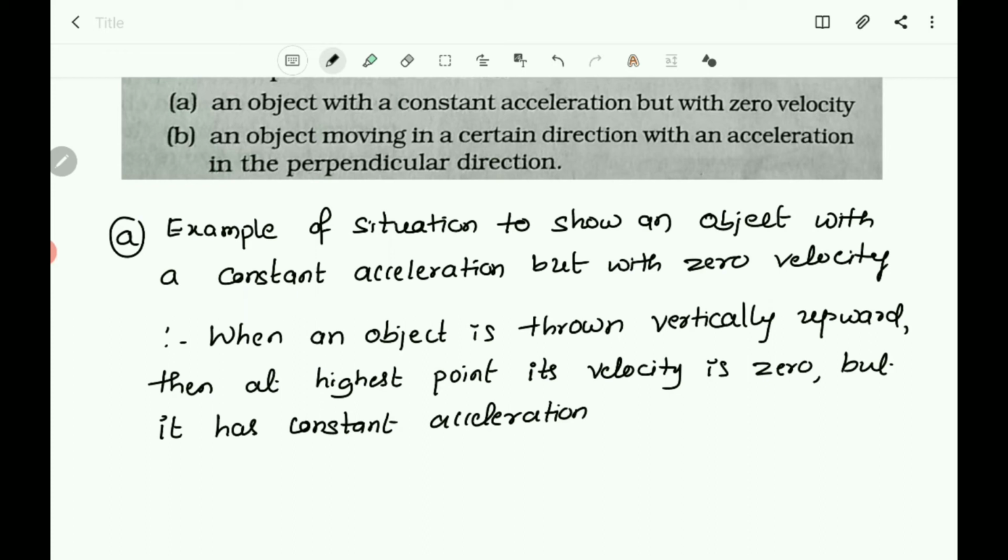Acceleration that is approximately equal to 9.8 m/s^-2, which is due to gravity. That is the acceleration due to gravity.